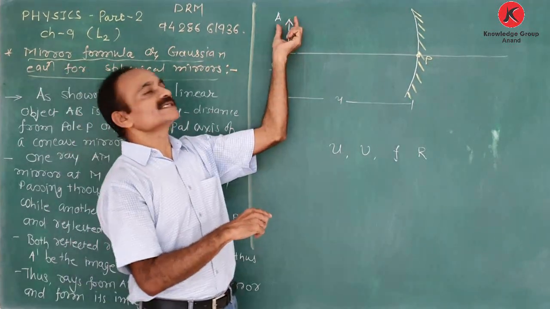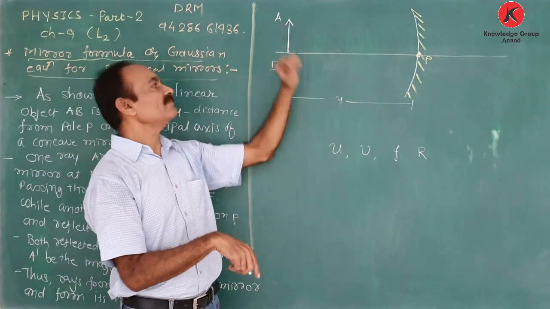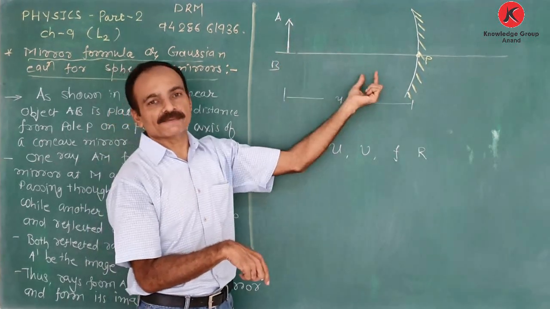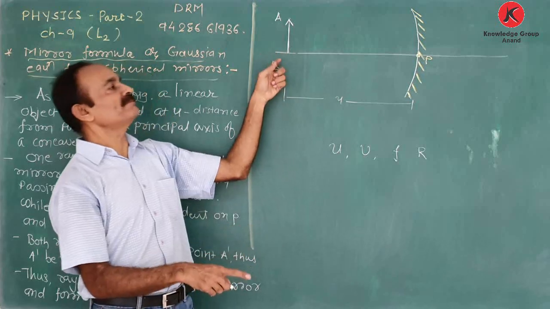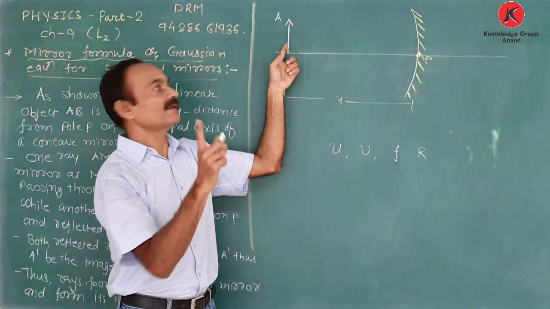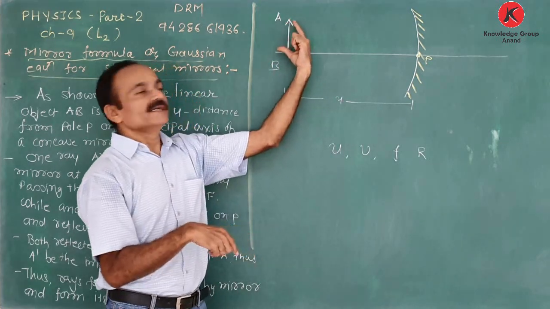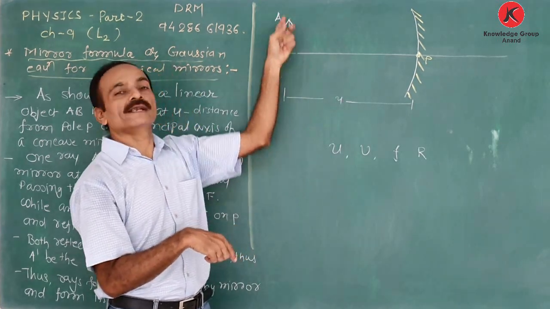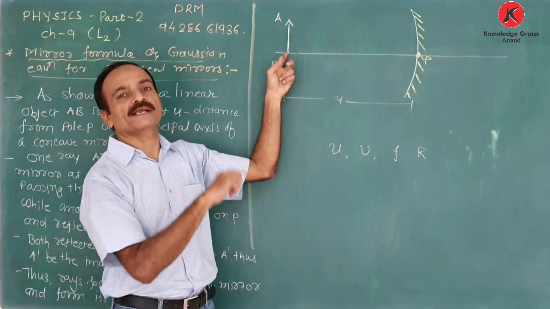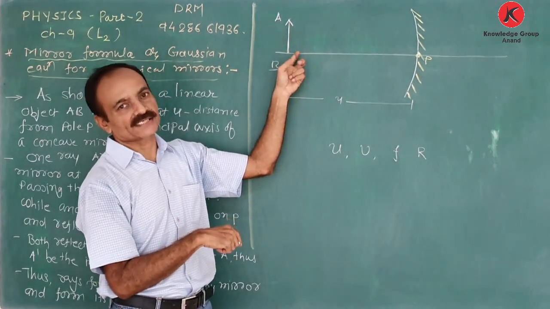Here we consider only the image of point A, because point B of this object is lying on the principal axis. Therefore, the image of B is always obtained on the principal axis. And one more thing, the object is perpendicular to the principal axis, therefore the image is also perpendicular to the principal axis.